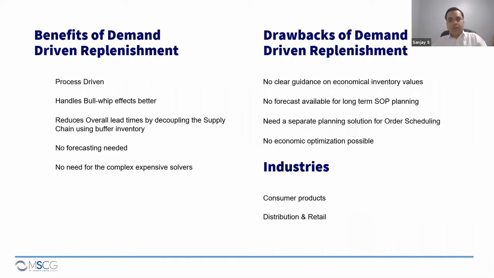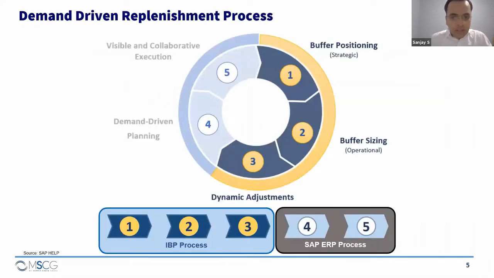With that background, let's deep dive and understand about the different steps involved in this process. Yes, Sanjay. So the Demand Driven Institute has ascribed specific steps for demand driven replenishment process, and SAP actually supports all these 5 steps, as you can see on the slide. The first step is buffer positioning. The second is buffer sizing.